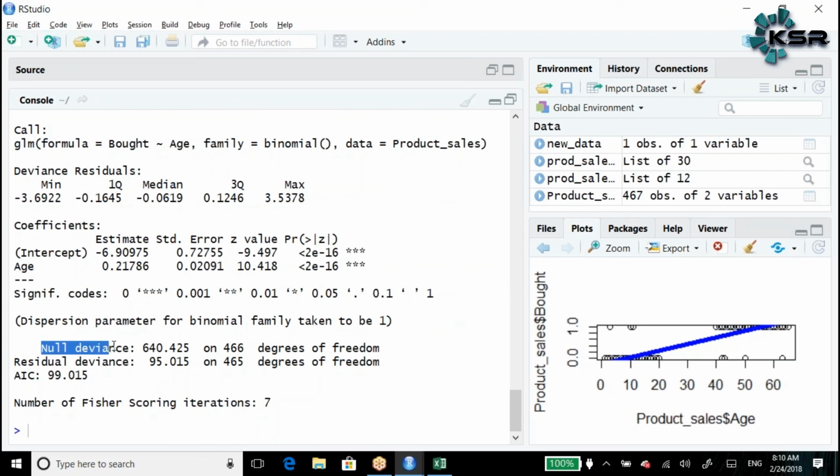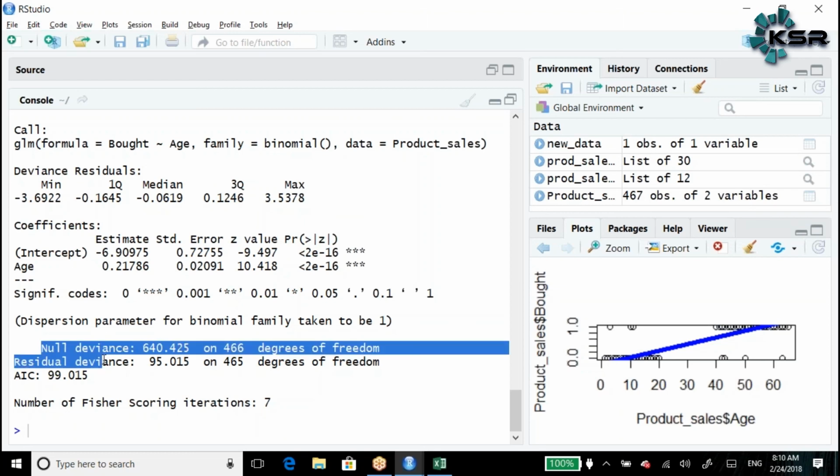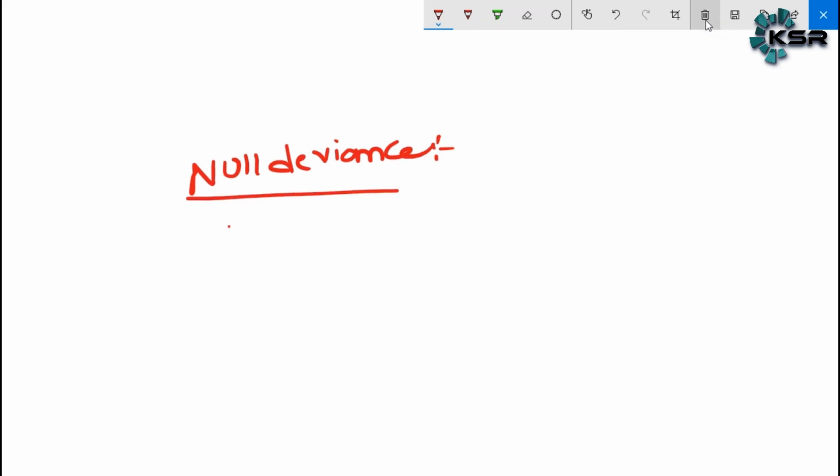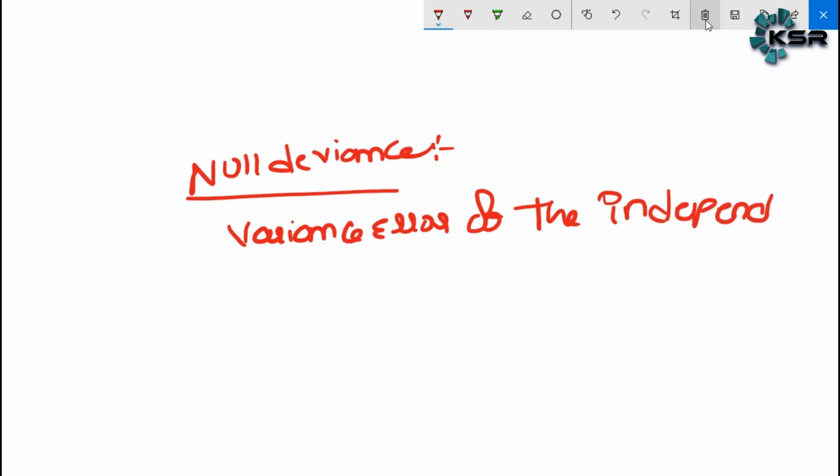Next, null deviance means the variance error of the independent variables.